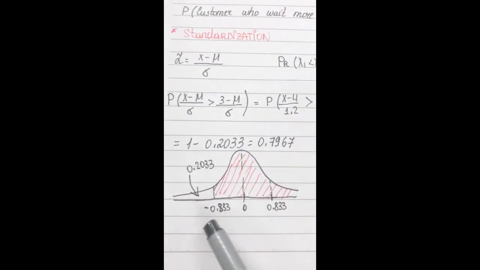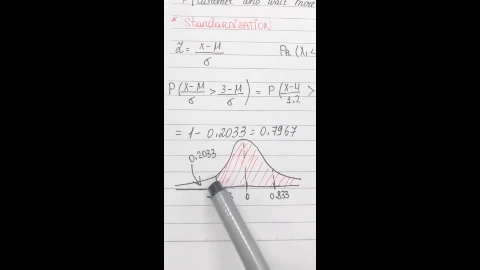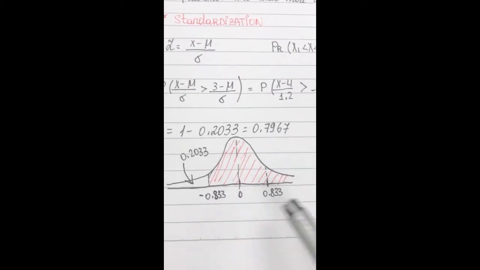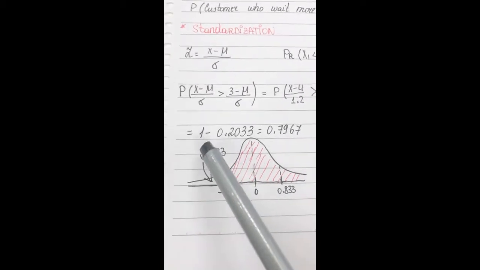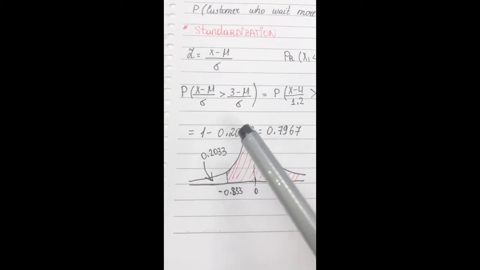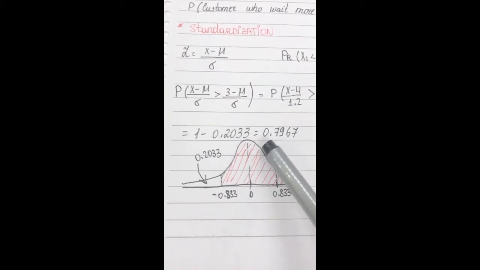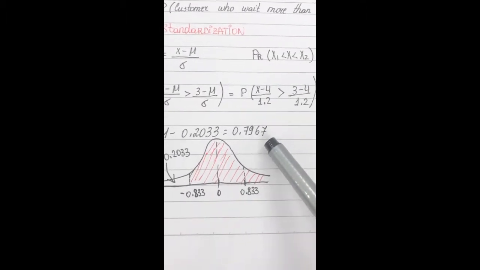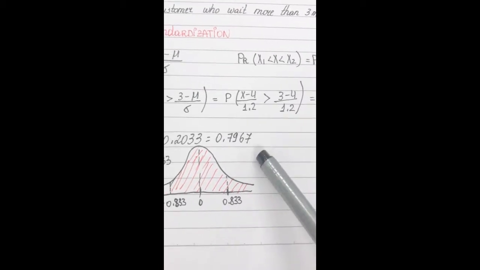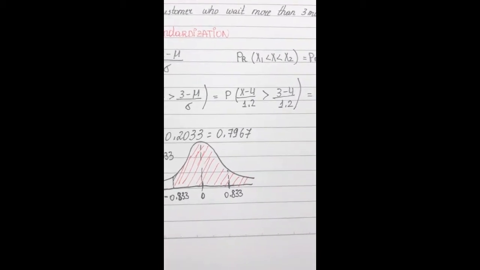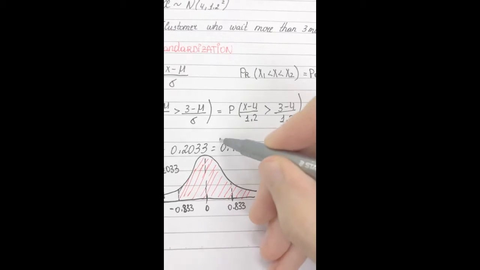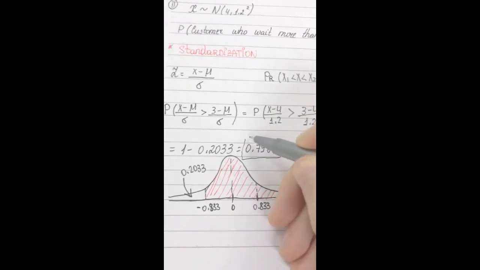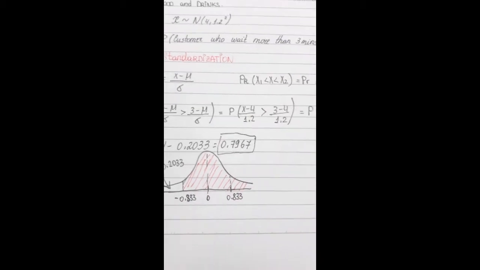So we write 0.2033, and the total is 1, and 1 minus 0.2033 is equal to 0.7967. So our answer is 0.7967.